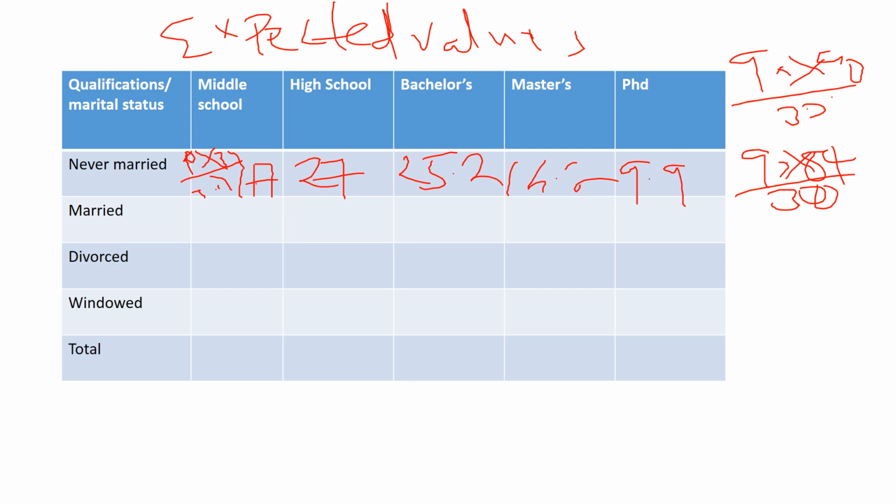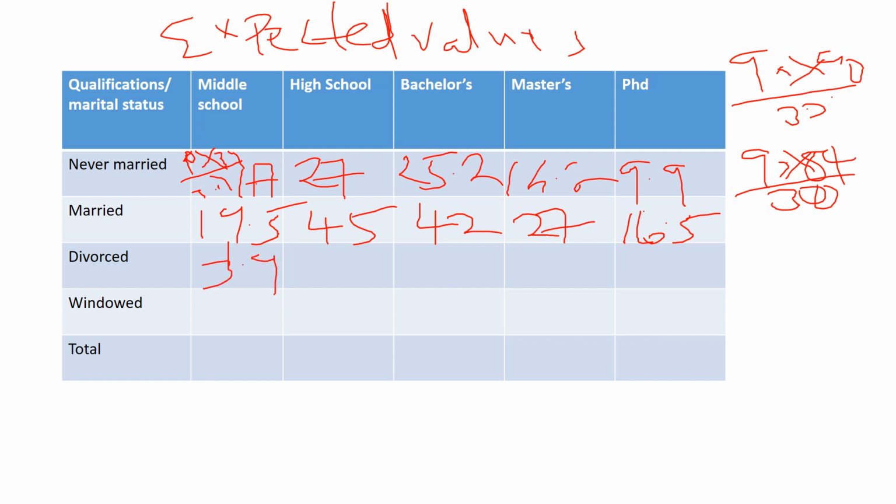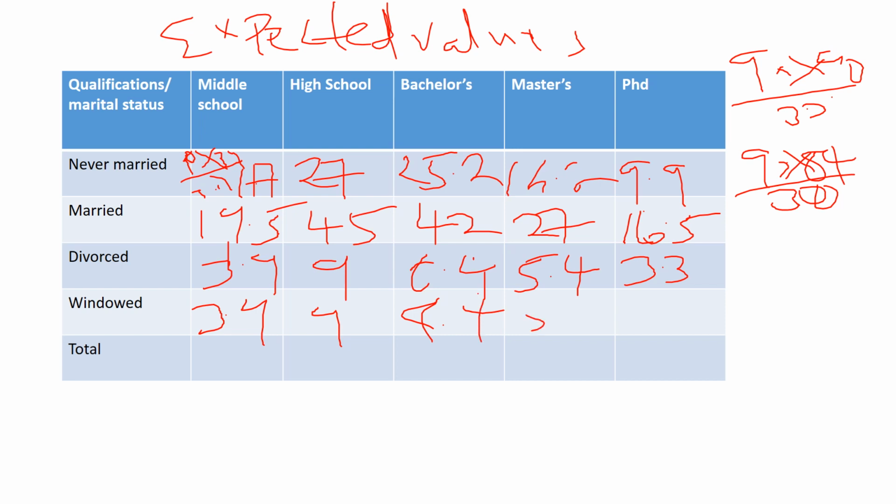On the married column here I have 19.5, and here I have 45, then followed by 42, then 27, then 16.5, and then 3.9 here, and then we have 9, then 8.4, then 5.4, then 3.3, then here we have 3.9, then 9, and here 8.4, and here we have 5.4, and here we have 3.3.